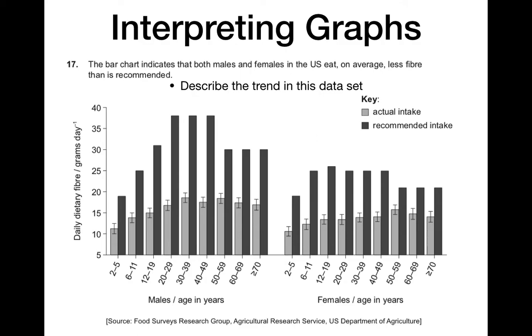And I would say the females in the middle age groups, more specifically from ages 30 to 39, definitely take in closer to the recommended intake than the males in 30 to 39. You can actually read the numbers off a scale best. I probably would use a ruler to help me line those things up. But they would like you to talk about specific data points in your answers.